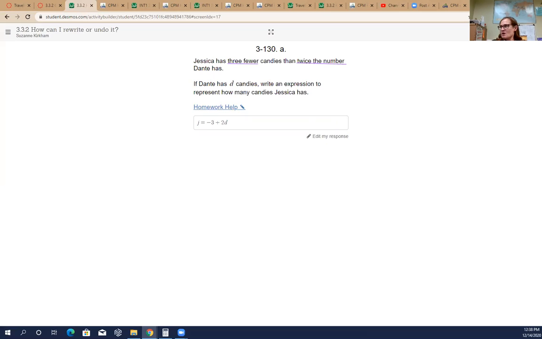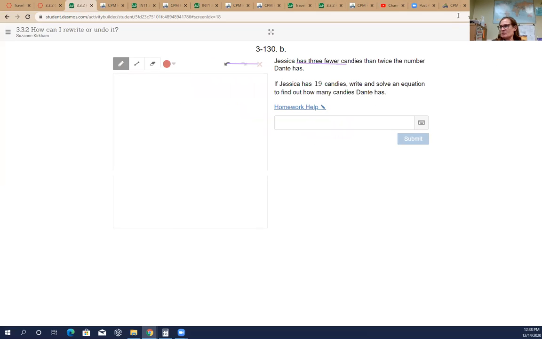Yeah, okay. All right, so now let's go and apply it. What we're going to do on this page is solve and see how many candies Dante has. If Jessica has 19 candies, write and solve an equation. So for J, we're going to plug in 19. We've got 19 equals -3 plus 2D.